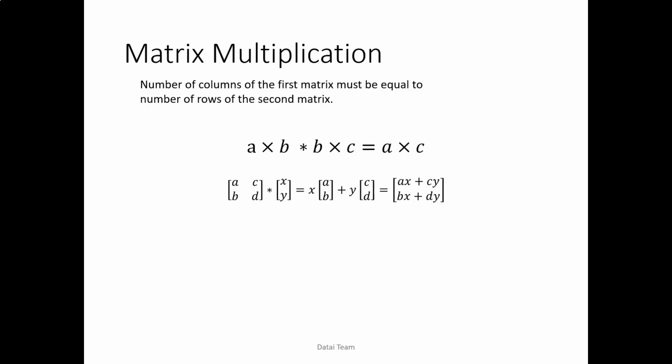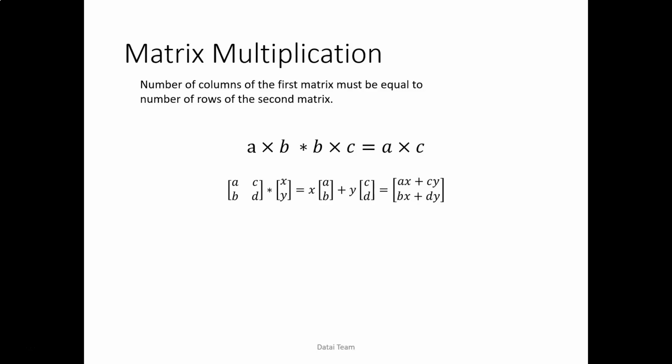So the resultant matrix is a 2 by 1 matrix. We have 2 rows and a single column, and as you can see, we have 2 by 2 multiplied with 2 by 1. You can erase the 2's that are in the middle, and the result is 2 by 1.